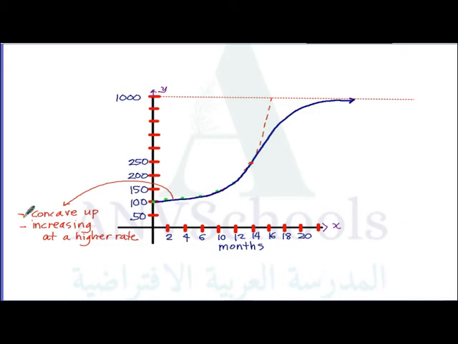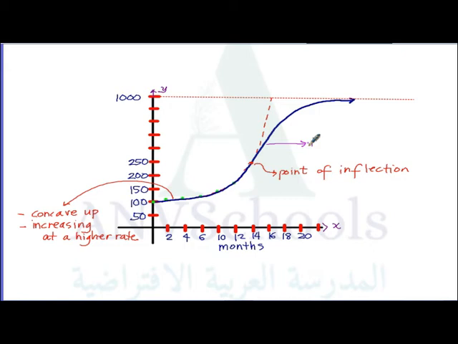Now, after this point of inflection, this is our point of inflection. Notice that your graph is still increasing here, but slowly, and it tends to be concave.